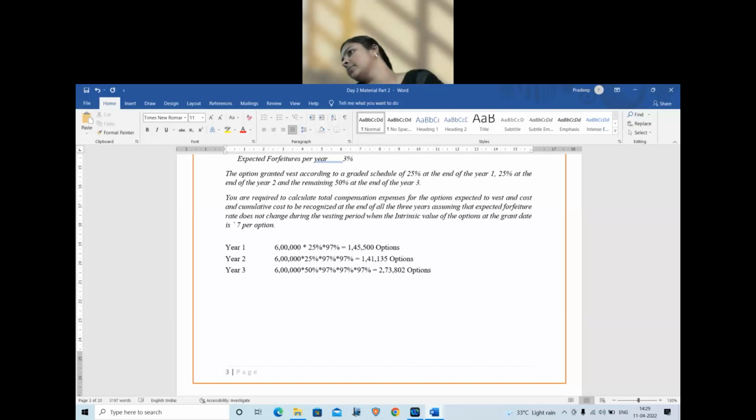What is your doubt? Now, for 145,500 options of year 1, the vesting period is only 1 year. So expenses will be recognized for this 1,45,500 for 1 year.